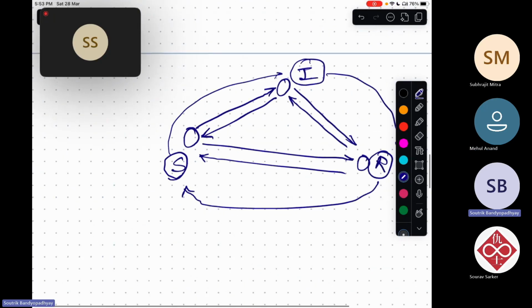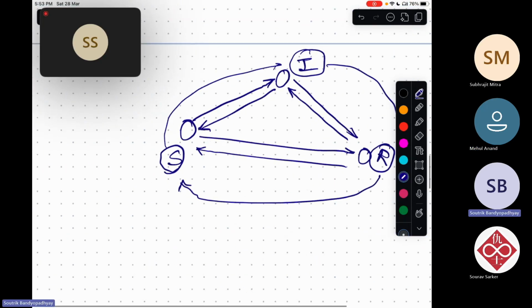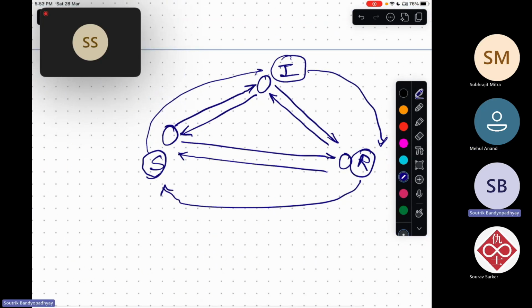At each stage, there is some probability that the states would transition among themselves, and there is some controllability in this situation. So suppose I have a susceptible agent and I inject the virus that I have. I don't know why you would do that, but let's say there is a possibility of doing so.